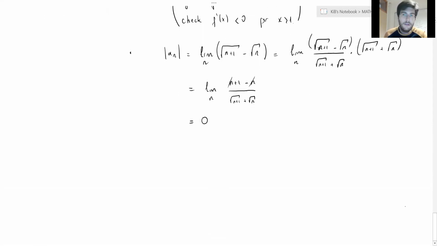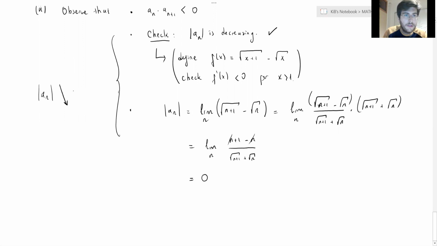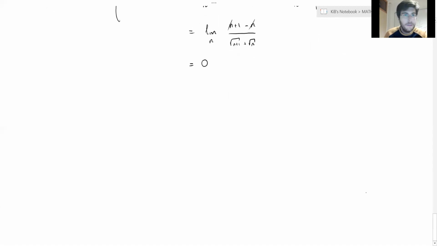So what does it tell us? The given series is alternating, and the absolute value of a_n is decreasing, and decreases to 0. Therefore your setup is ready, so you can use the alternating series test.